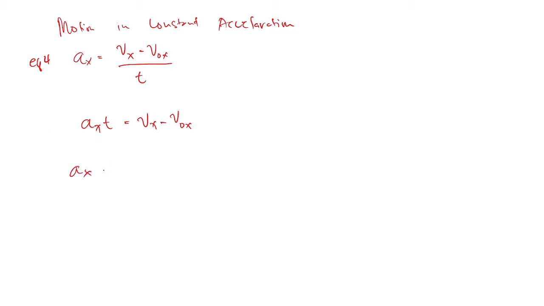Therefore, we can have there axt, or acceleration times time, plus V naught x is equal to Vx minus V naught x plus V naught x. So as you can see here, negative, positive, this will just cancel out. Zero yan.